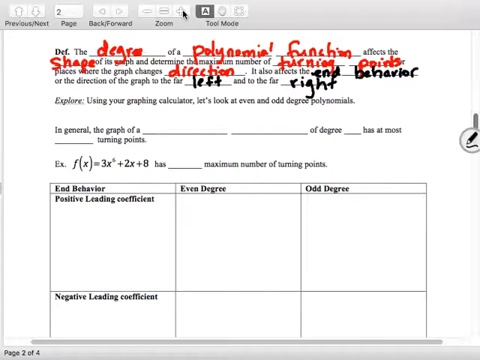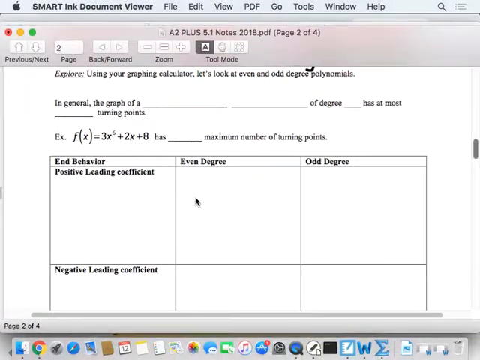So what I'd like you to do, if you have a graphing calculator, and I did post on Schoology that I asked you to bring your graphing calculators today, I'm going to pull mine up.